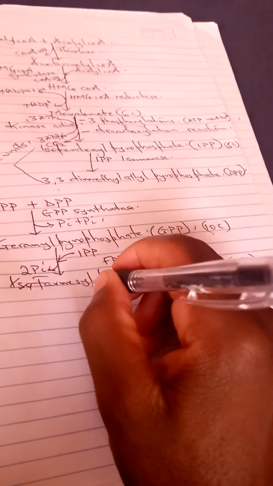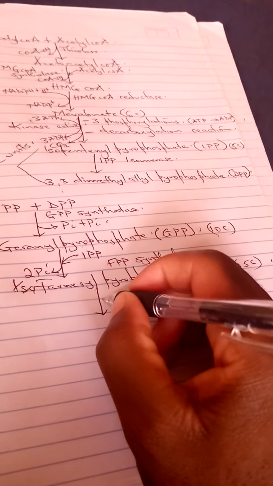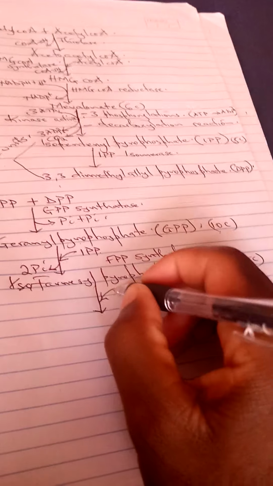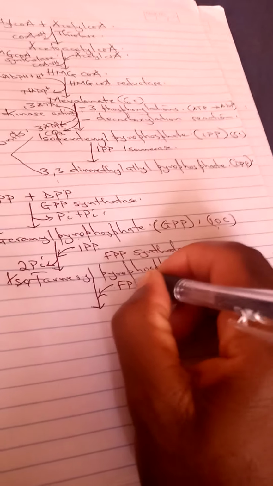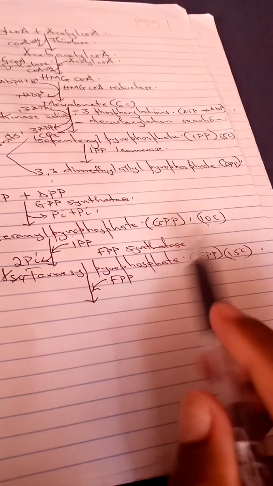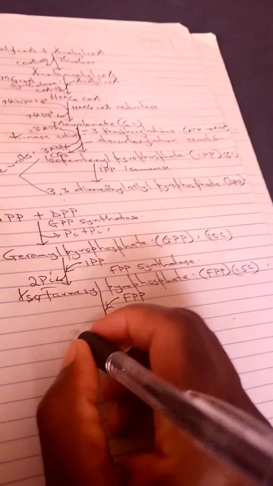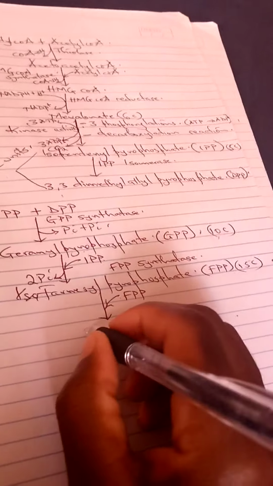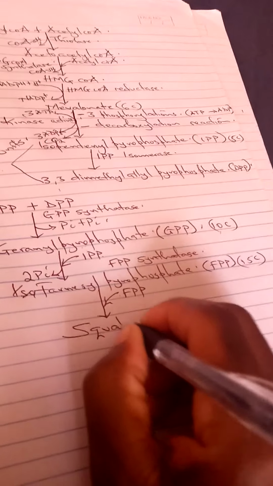From this 15 carbon molecule, we fuse in another molecule of FPP. That means we get farnesyl pyrophosphate and add another molecule of farnesyl pyrophosphate. And what we form is a 30 carbon molecule called squalene.